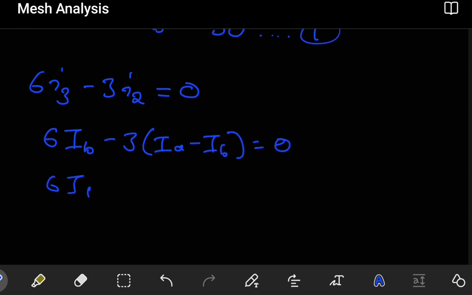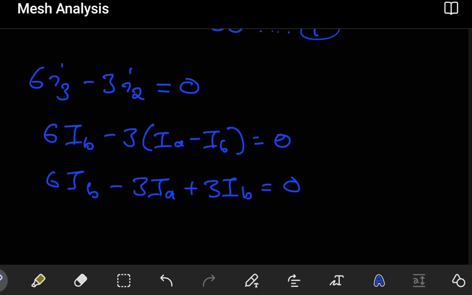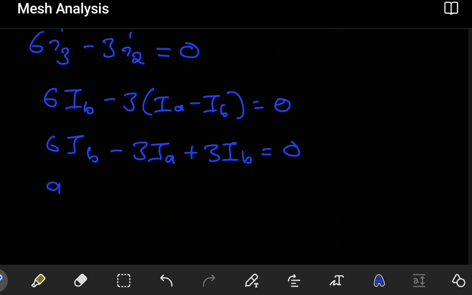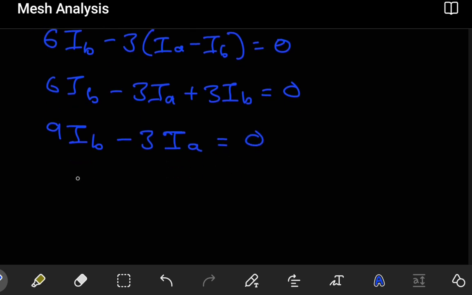So you have 6 IB minus 3 IA plus 3 IB is equal to 0. Like and like, we have 9 IB minus 3 IA is equal to 0, so that IB will be equal to IA over 3, when I move the 3 IA the other side and divide by 9.